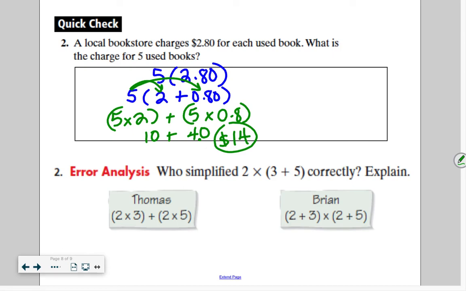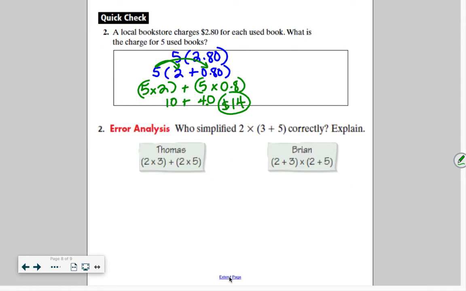Last one. Circle who you think solved this question correctly, Thomas or Brian? Circle which one you think solved it correctly.